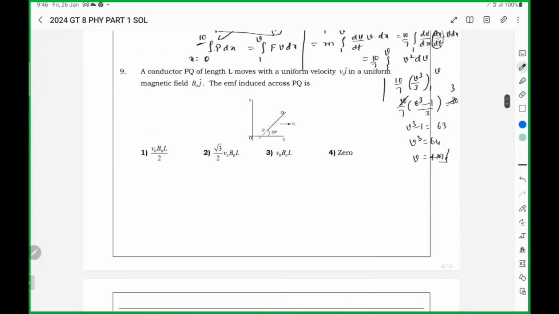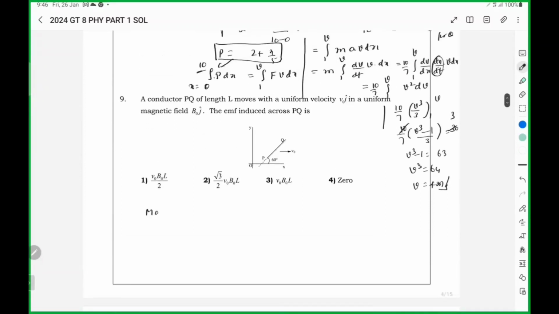Here it is motional EMF. EMF induced is V cross B dot dl. Here it is V cross B. If you consider here B, he has given it as V cross I cross J, which is K. But dl is in the XY plane.